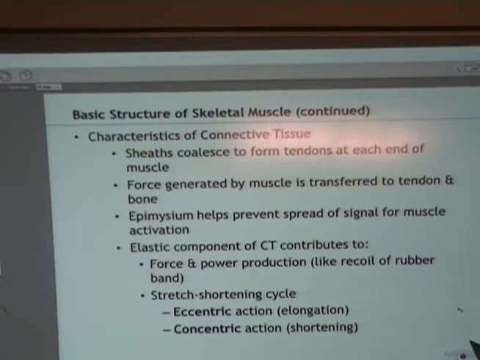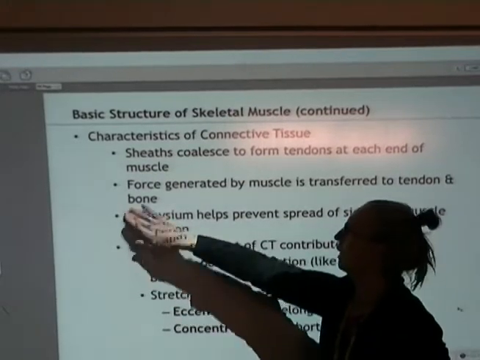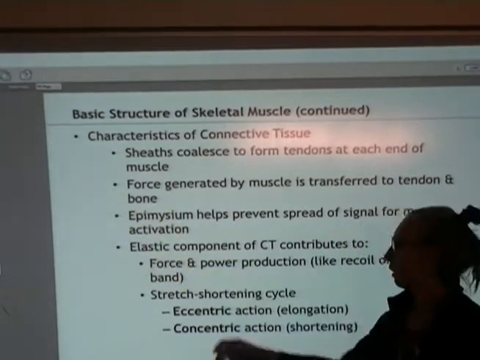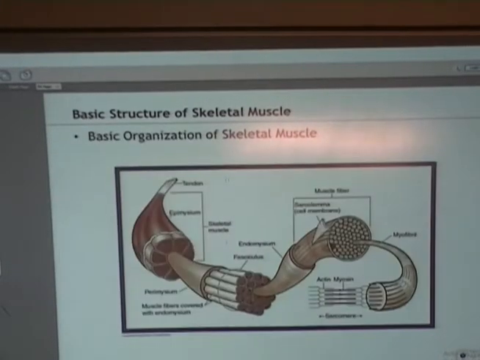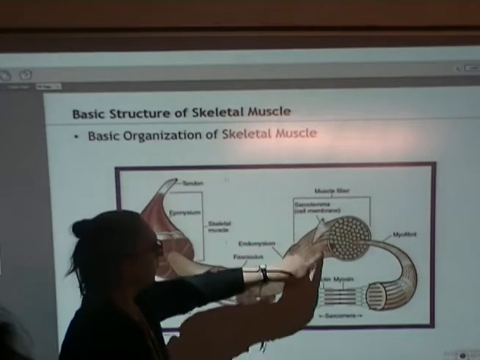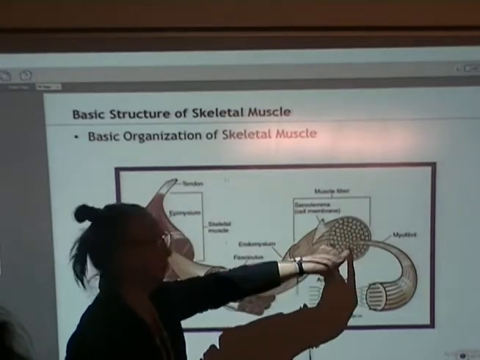Sorry? What was the word that you said? Here, this should be endomysium. So if we go back to that previous picture, here's my endomysium that wraps up a set of muscle cells.